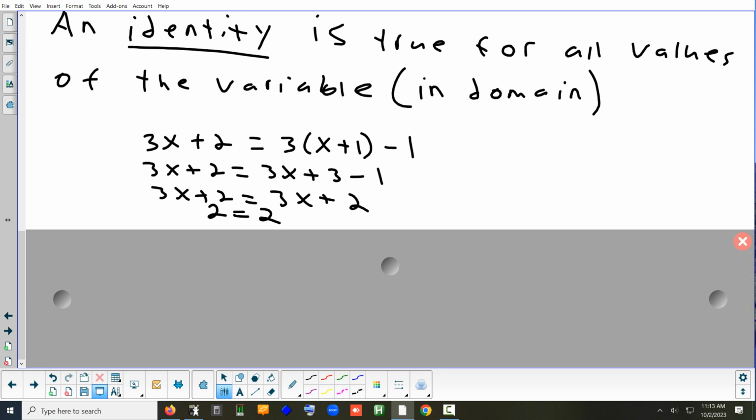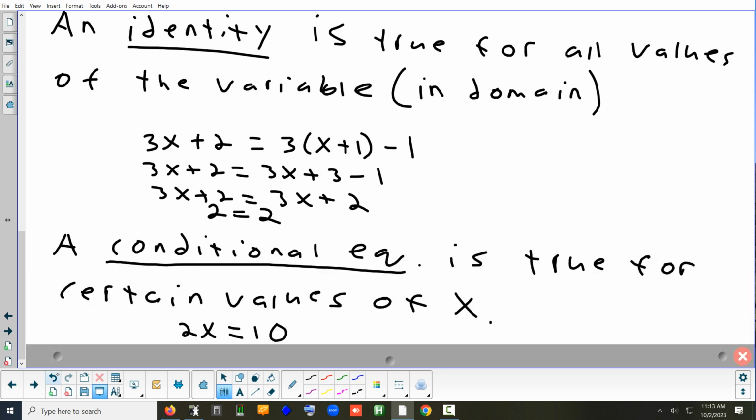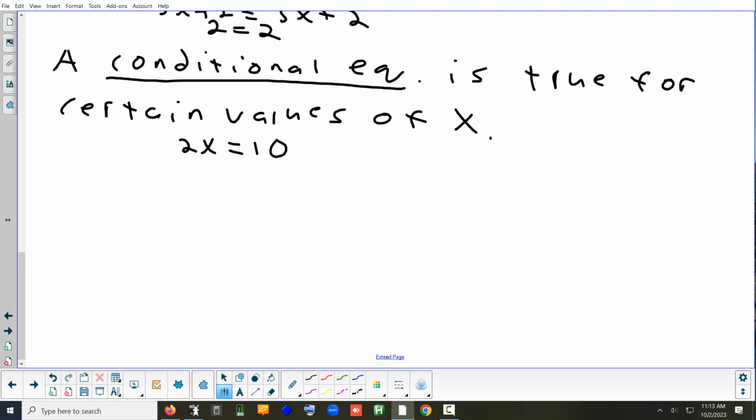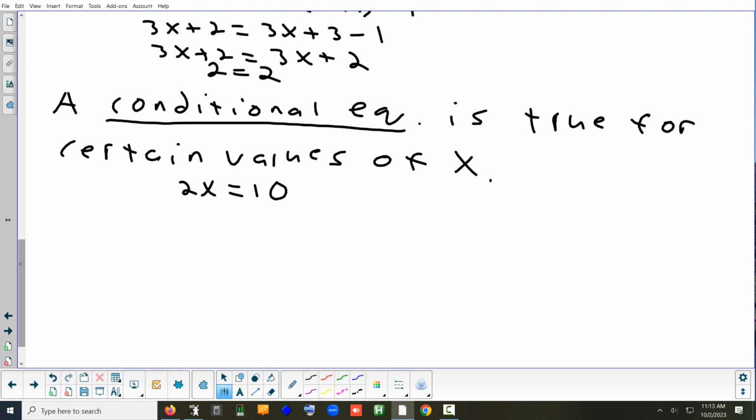Now, compare that to this kind of equation. This is not an identity, 2x equals 10. Because you can't pick any number you want and plug it in for x. There is, in this case, one number you can pick. So there's a condition that makes that equation true. What would be the number you could pick for x here?